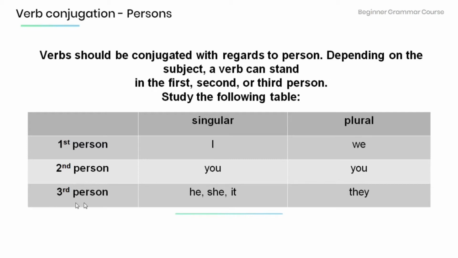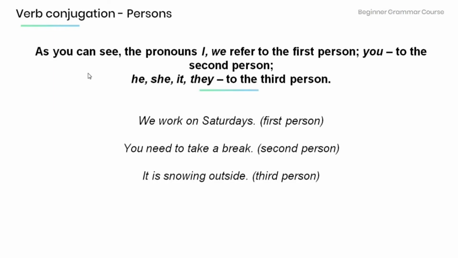And when the subject is in the third person and it's singular, we use he, she, or it. Plural, they. Now, as you can see, the pronouns I, we refer to the first person, you to the second, he, she, it, and they to the third person.